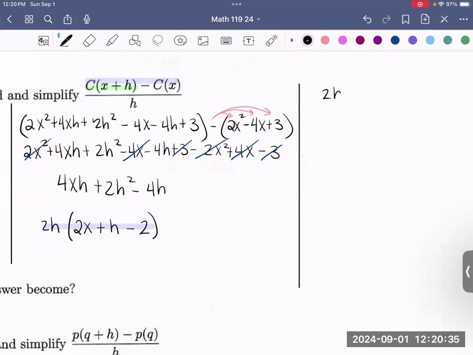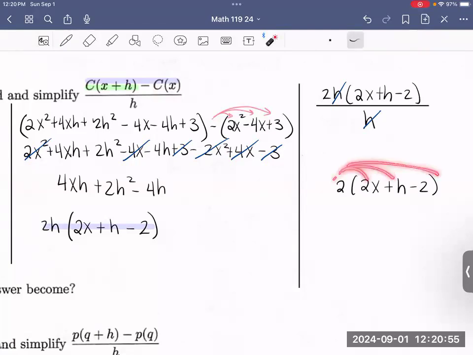So we have 2h, 2x plus h minus 2 all over h. And they canceled out your h's. So your final answer should be 2 times 2x plus h minus 2. Or if they factored it back in, that's okay.